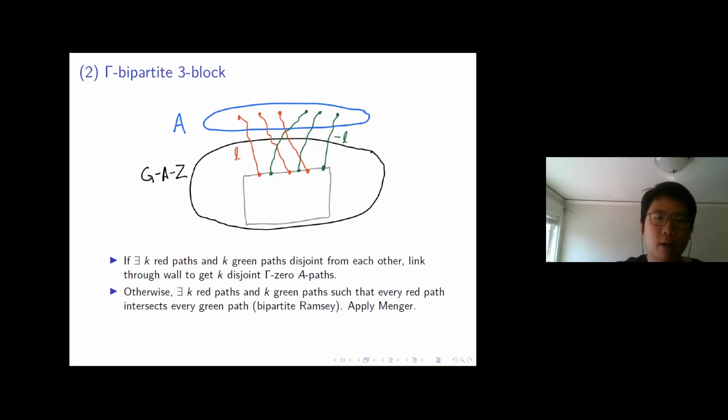Once we get these k paths on either side that all intersect each other, we can look at the union of these paths and apply Youngho's theorem. So that's essentially the outline of the proof.